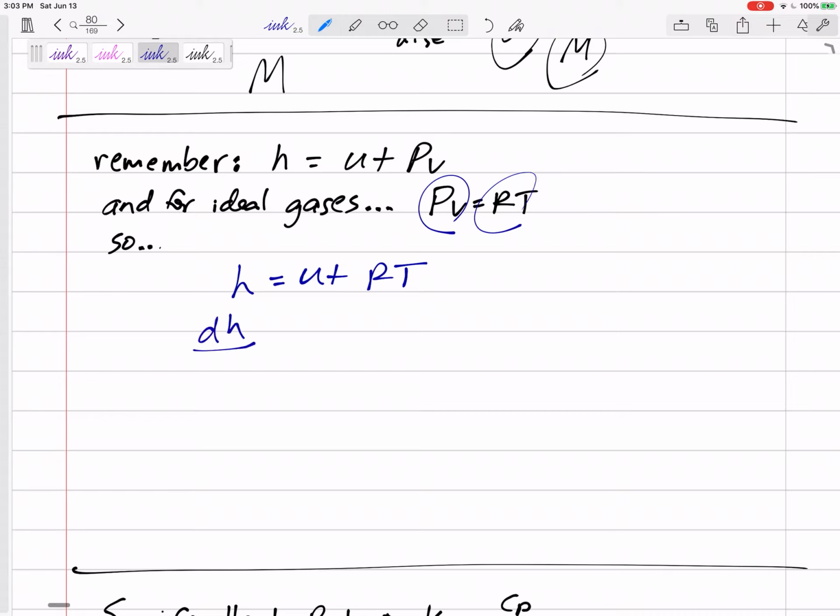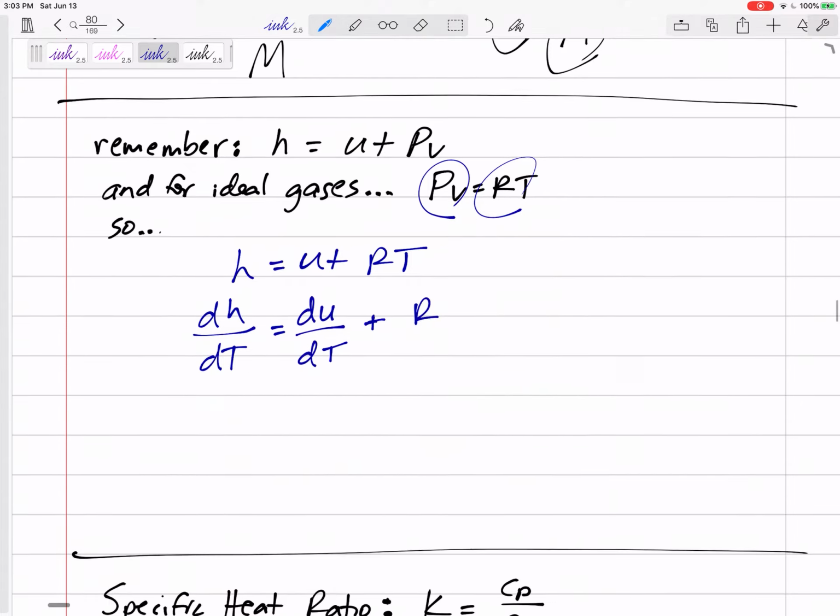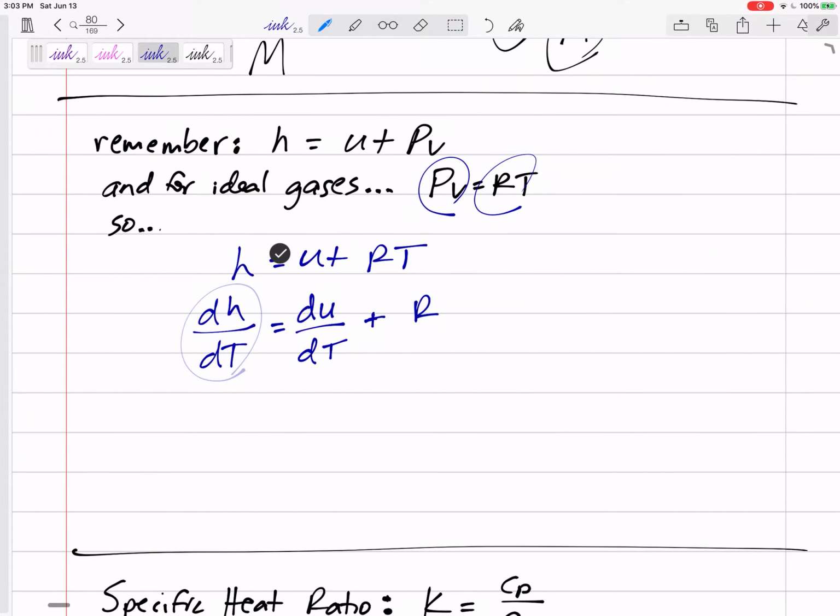If I kind of divide through by dT, we can say dH over dT equals dU over dT plus R, and this is really Cp. So here we go: Cp is equal to Cv plus R.